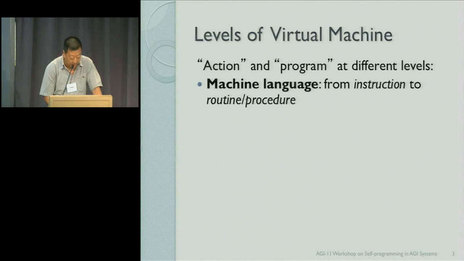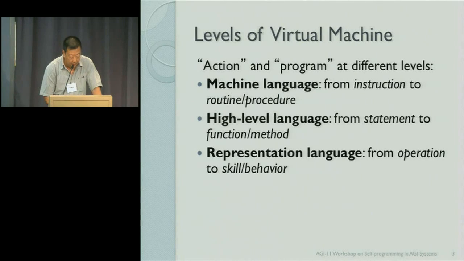Everyone is familiar with those levels. At different levels, what we call action and what we call program are more or less different from each other. Sometimes we use different terminology for them, even though they share the common property I mentioned before: action is the basic unit, and a program is the bigger unit which we use to handle a practical problem.